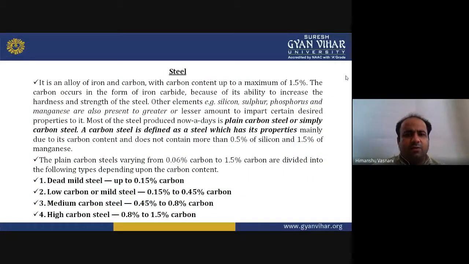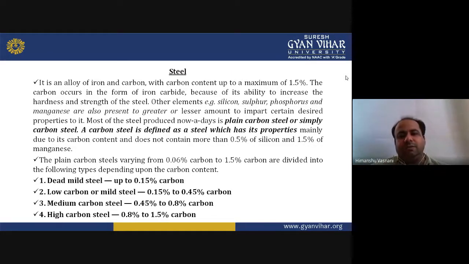form of iron carbide, because it has the ability to increase the hardness and strength of the steel. Other elements like silicon, sulfur, phosphorus, and manganese are also present in greater or lesser amounts to impart certain desired properties. We discussed certain properties of these elements that they gave to the cast iron.